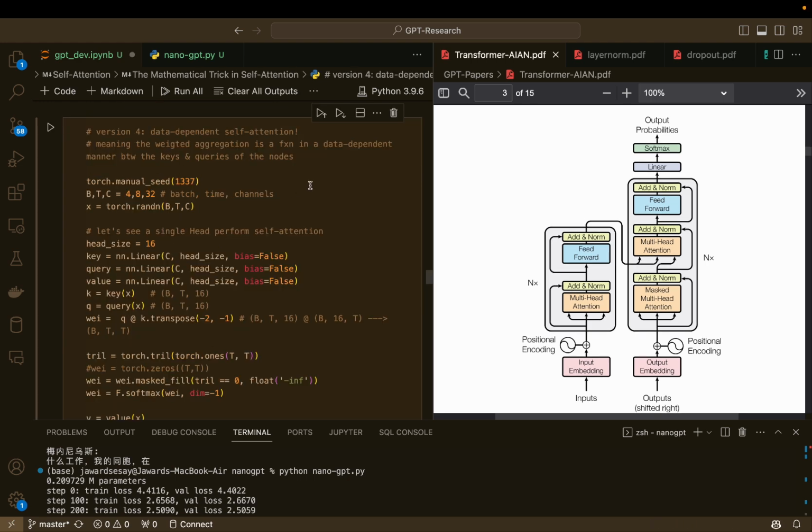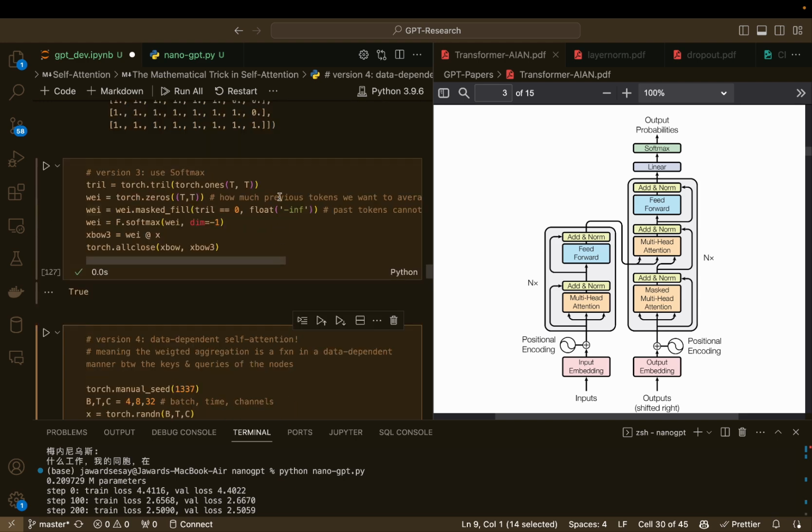In version 4 of the self-attention mechanism, we see where he implemented a data-dependent self-attention for a single head attention layer. What does it mean by a single head? We only have one head, and we're setting the size of that to 16.